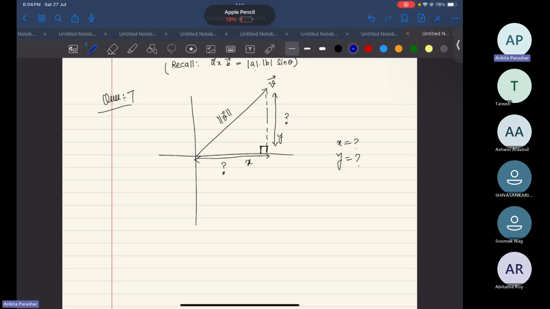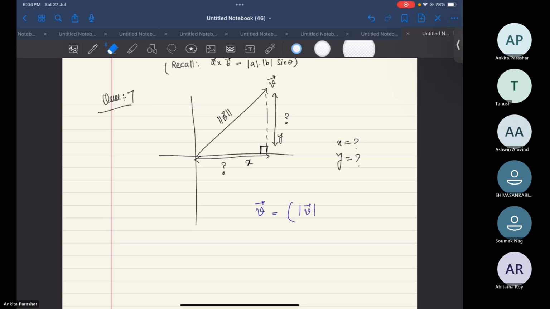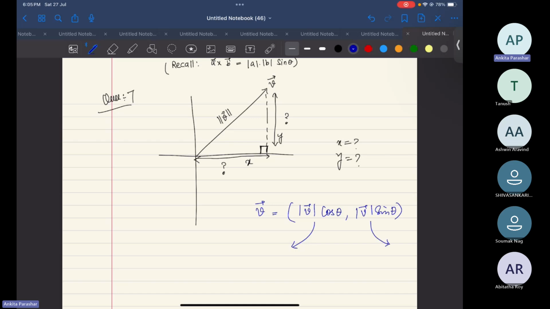If you remember, a vector V is nothing but mod V cos theta, mod V sin theta. So this is your first coordinate, this is your other coordinate. Suppose I tell you this, can you tell me now what is x and y?